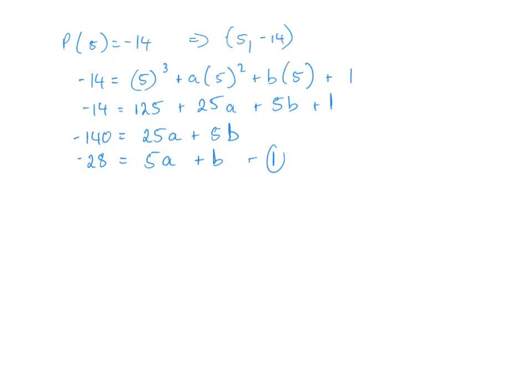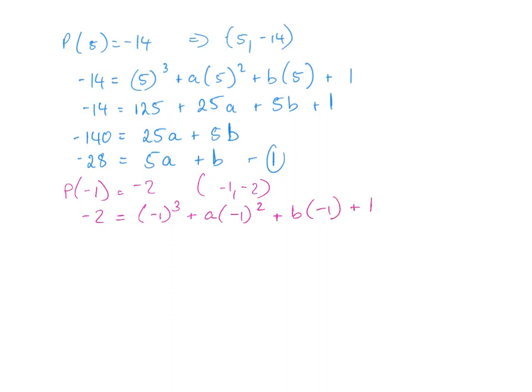My next equation, I'm going to use the other point that I've got there, which was p(-1) equal to -2. And of course, as a coordinate, that is (-1, -2). So let's put that into our equation as well. And you get -2 is equal to (-1) cubed plus a outside of (-1) squared plus b outside of (-1) plus 1.